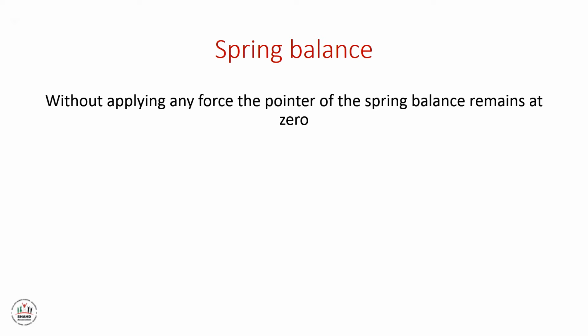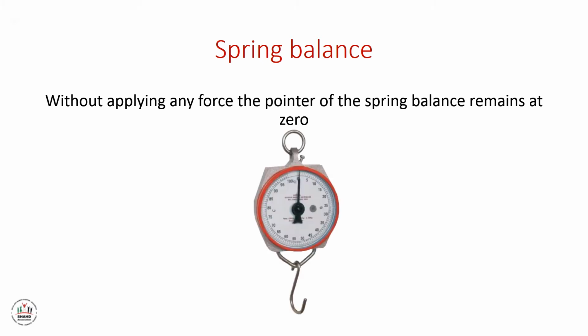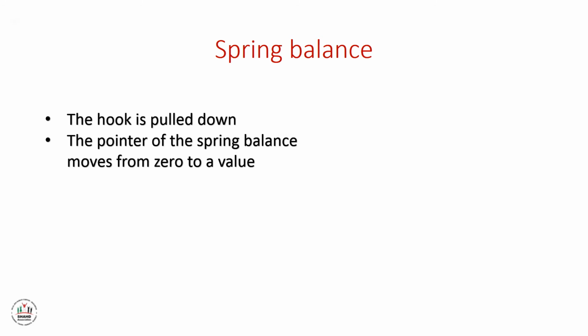If the hook is not pulled, this means that we didn't apply a force on the spring balance, then the pointer of the spring balance remains at 0. This is the first case. The second case, when the hook is pulled down, the pointer of the spring balance moves from 0 to a value.